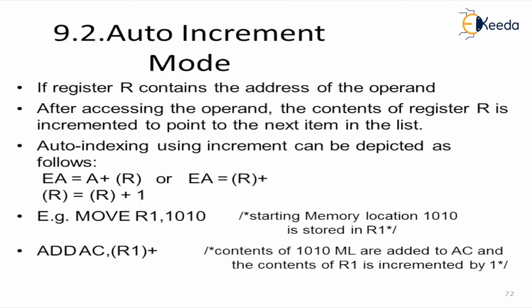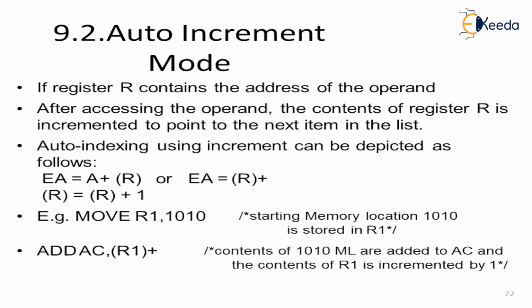Example: move R1, 1010. Starting memory location 1010 is stored in R1. Add AC, (R1) plus. The content of memory location 1010 is added to AC and the content of R1 is incremented by 1.